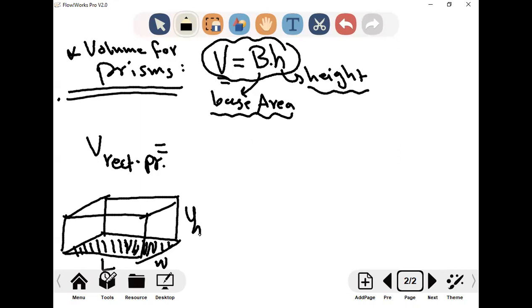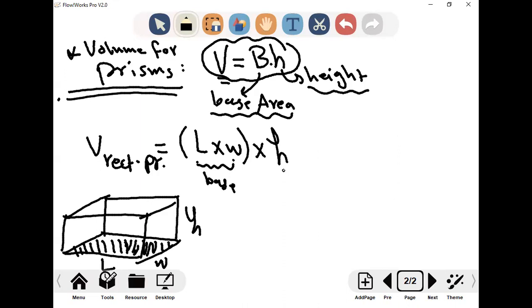Length multiplied by width. Then I follow the formula, multiplying by the height of the prism. So the formula to find the volume of the rectangular prism is to multiply the length by the width by the height.